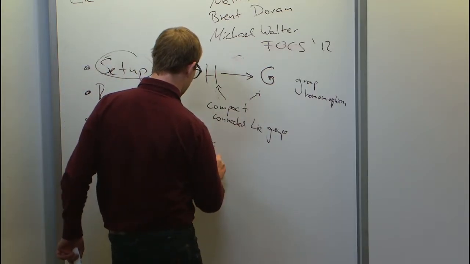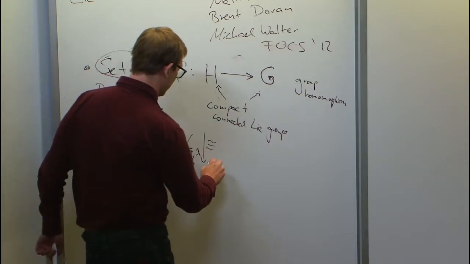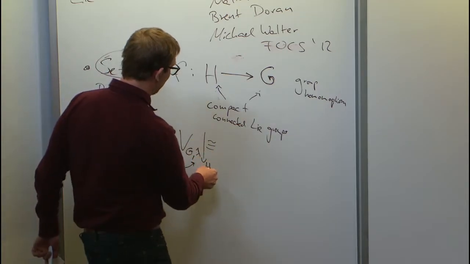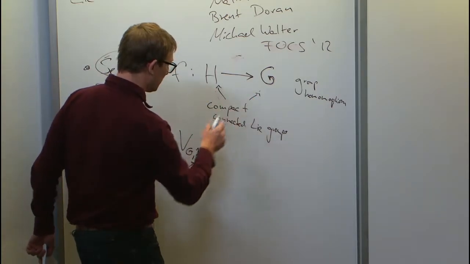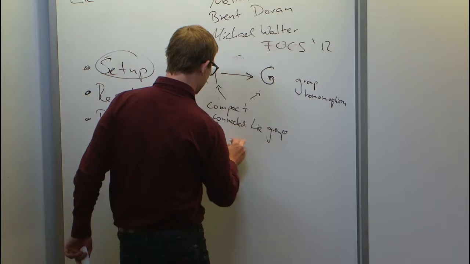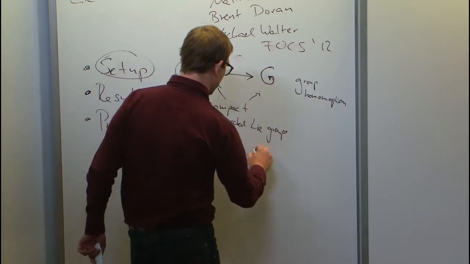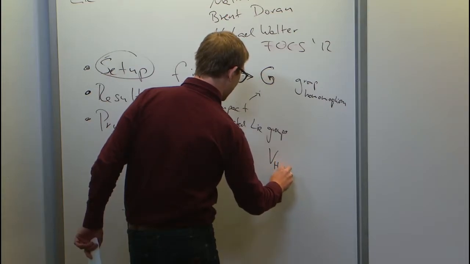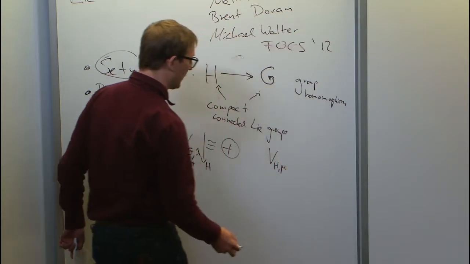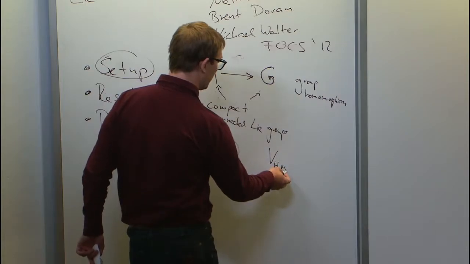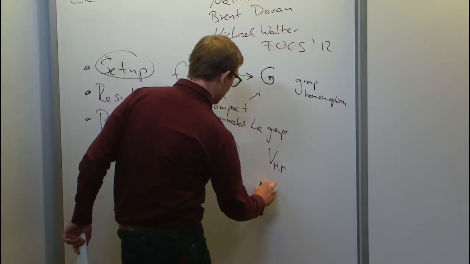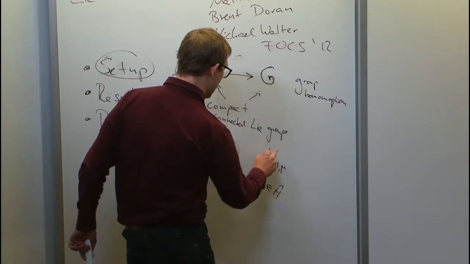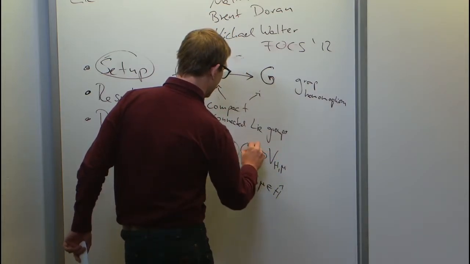I'm going to take that representation, which is a G representation, and reduce it to H. When I write a down arrow like this, I mean via this group homomorphism. That will then decompose into a sum of irreducible representations of the group H, again labeled by some highest weight mu, which is now a highest weight of H. And that may come with some multiplicity.